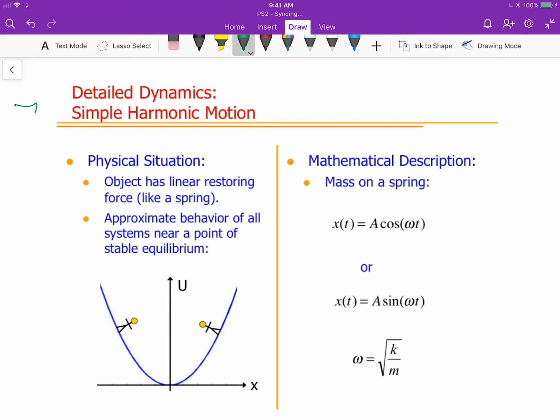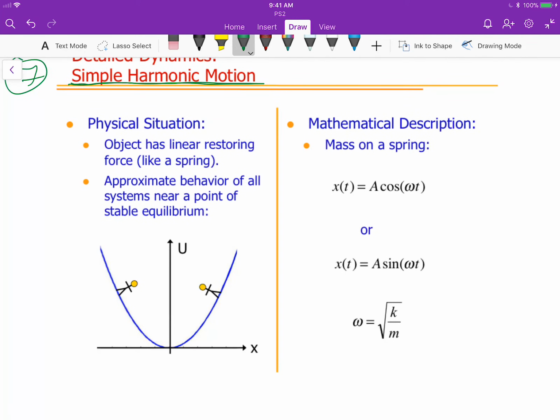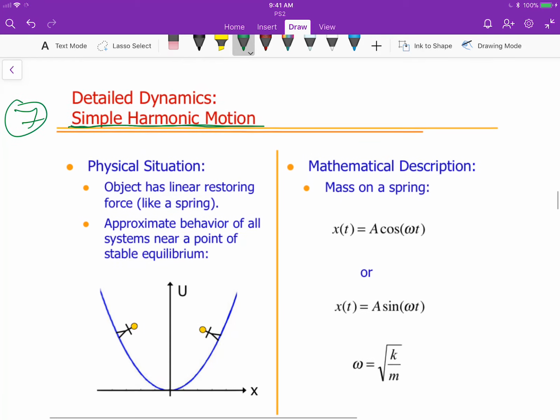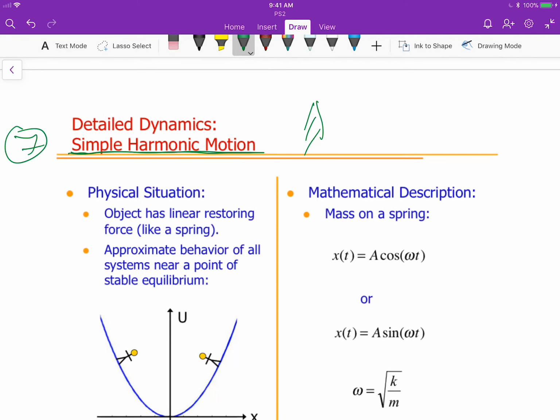And then the last example is the detailed dynamics of simple harmonic motion. The physical situation to think about here is our typical one: you have a wall, and on some slick surface, like ice, a spring that is attached to a mass, and the spring has some spring constant K. The mathematical way of saying this is that it has a linear restoring force, like a spring.